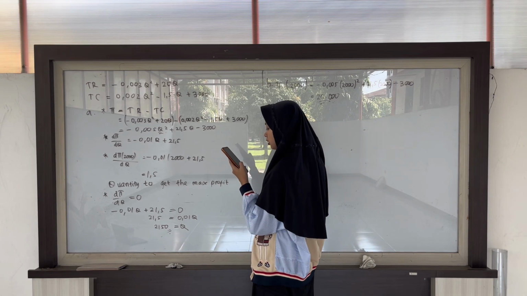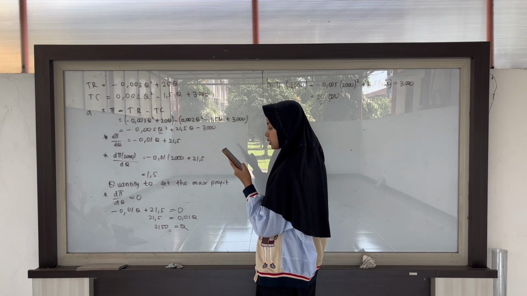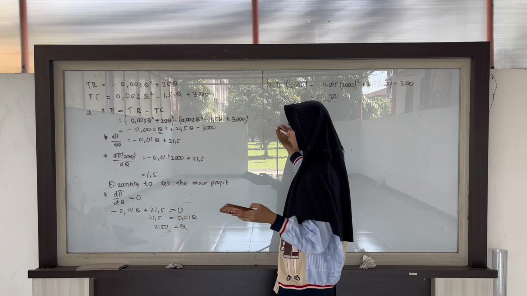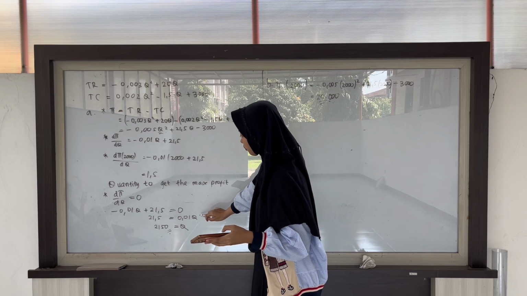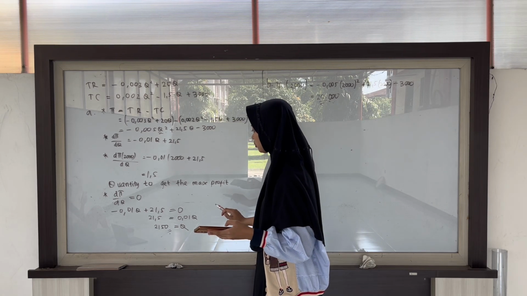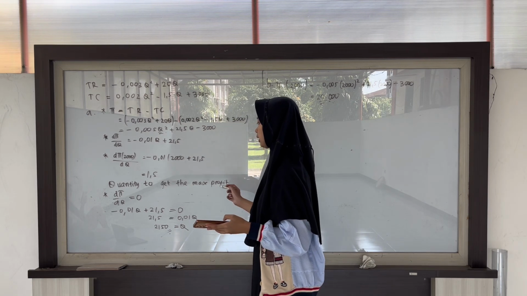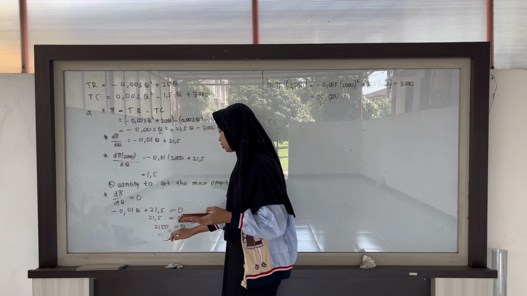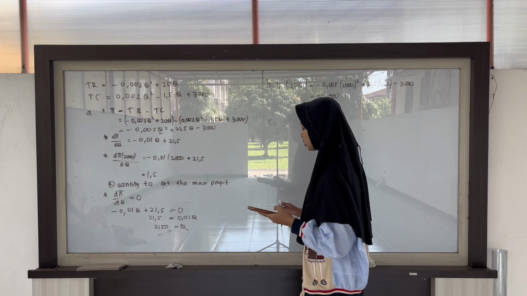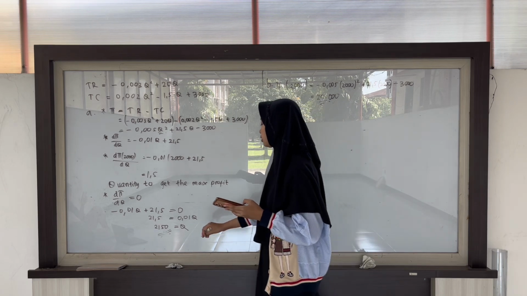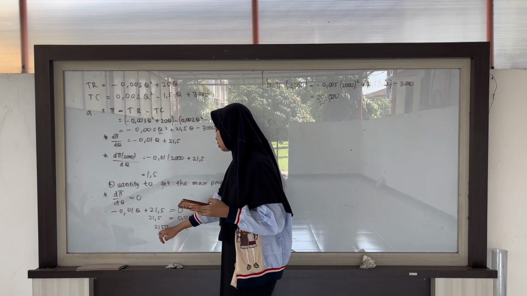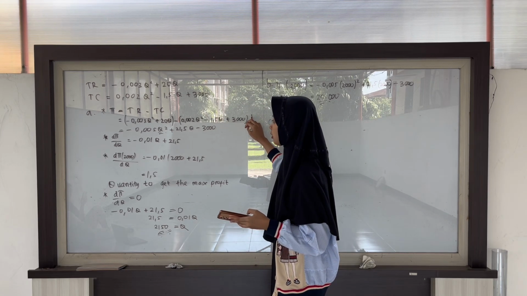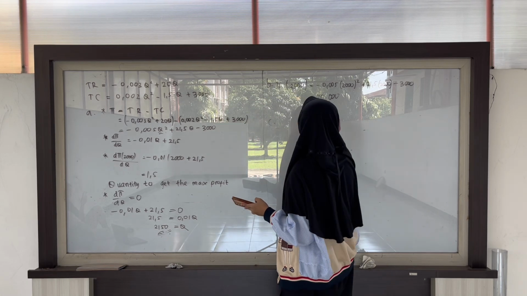And the question is, what is the maximum amount of profit that the firm could earn? Okay, we know that the maximum profit is obtained at this quantity, so we just substitute this quantity into the profit function.